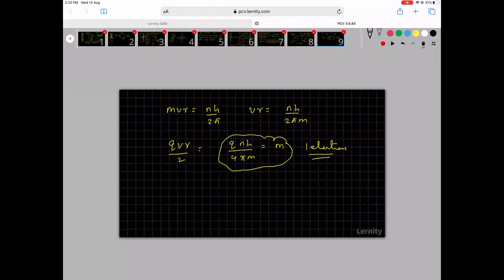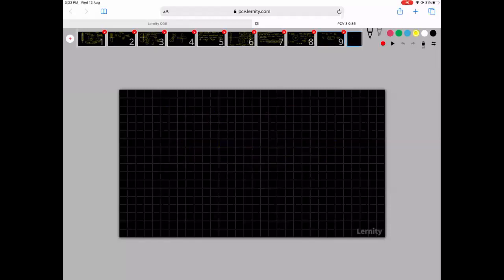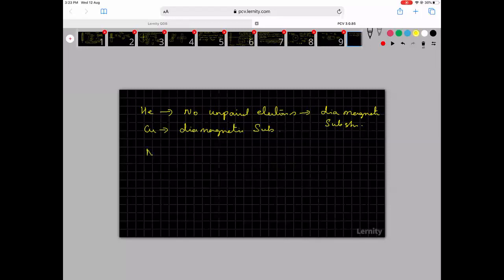Now, as you look at species, helium has no unpaired electrons. If something has no unpaired electrons, it is a diamagnetic substance. Copper is another example of a diamagnetic substance. Then you have sodium, aluminium.